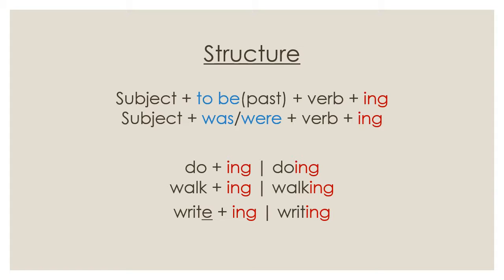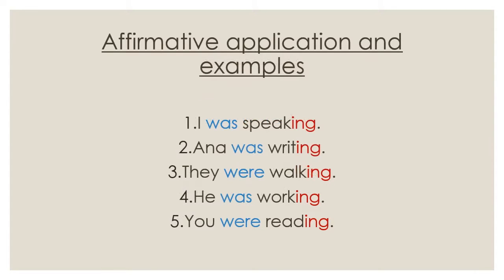Now, let's move on to see how everything we've learned so far fits together. As we mentioned, we use the past continuous tense to talk about something that started and lasted in the past. And here are a few affirmative sentences in the past continuous tense where we can clearly see the main structure implemented.